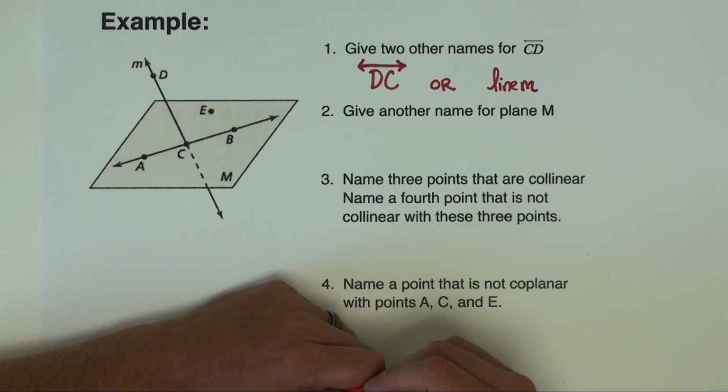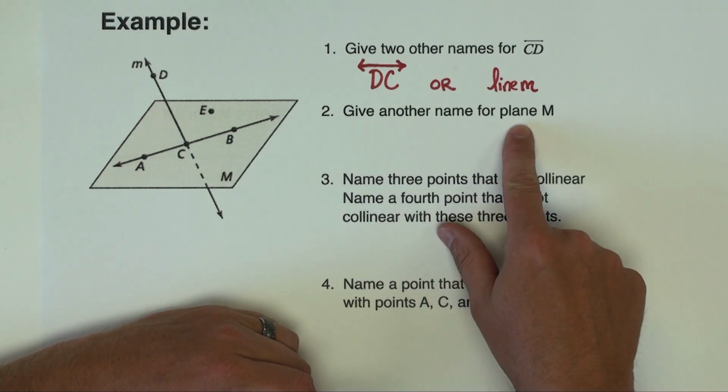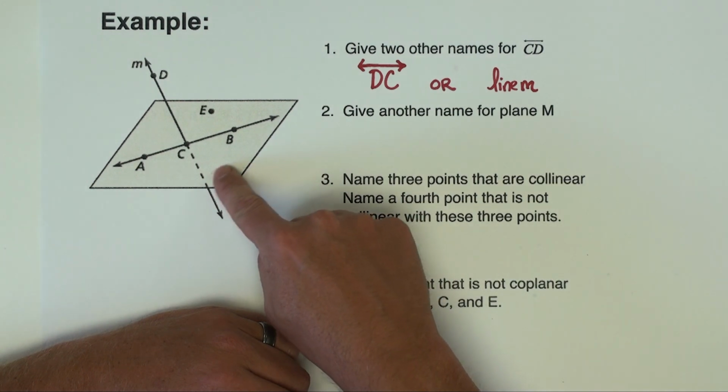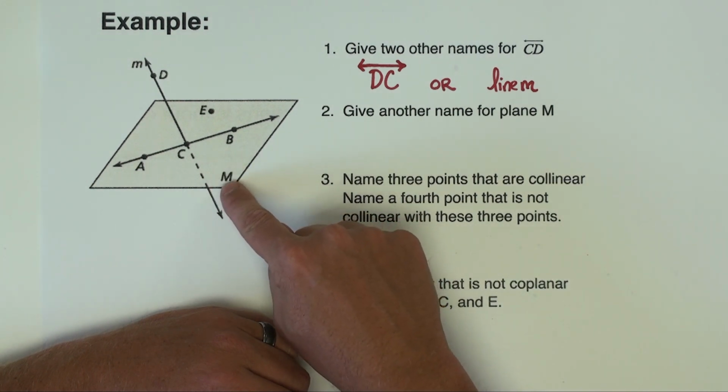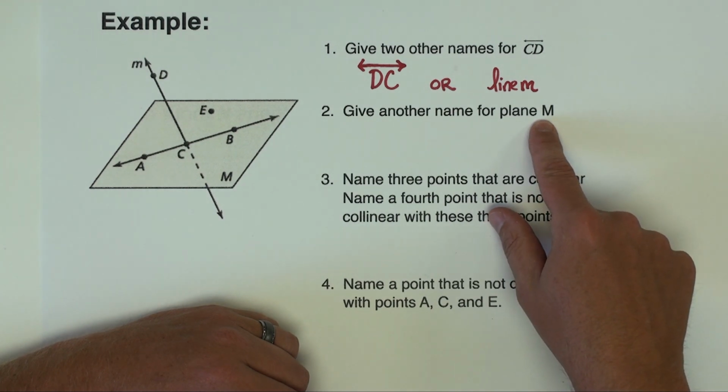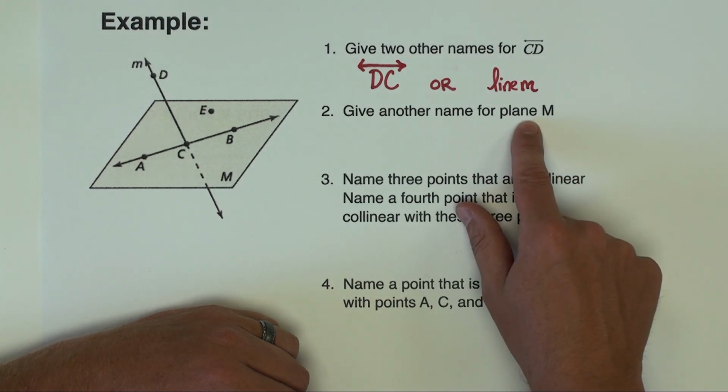Next question, give another name for plane M. Okay, so the plane is this 4-sided shape, M in the bottom corner here, indicating that that's the descriptor for that plane, so we can call it plane M. Now, since we've used this way here in the problem, I have to use the 3-point method.